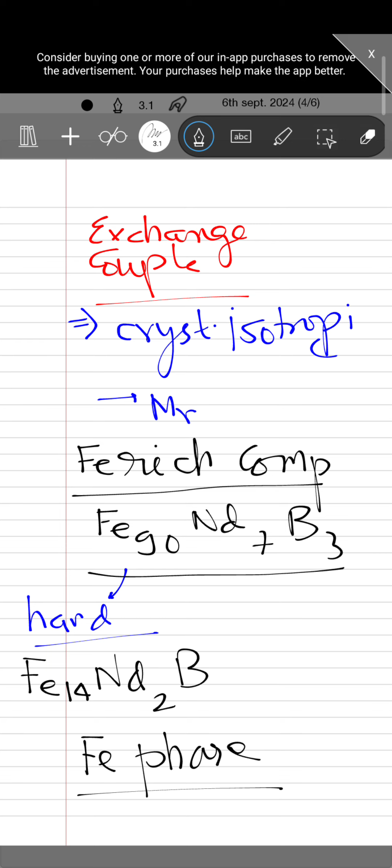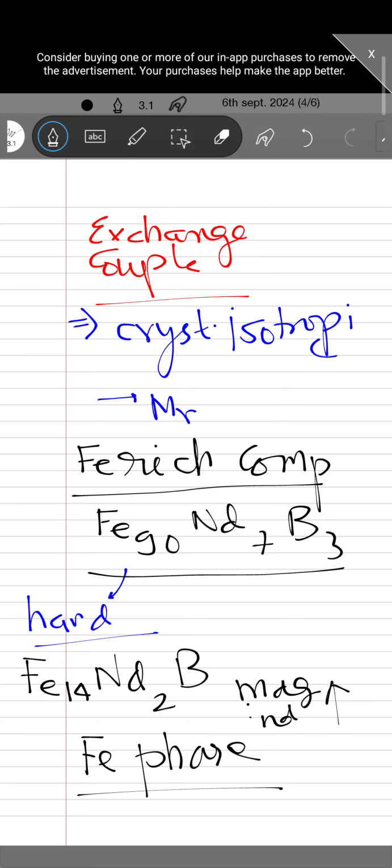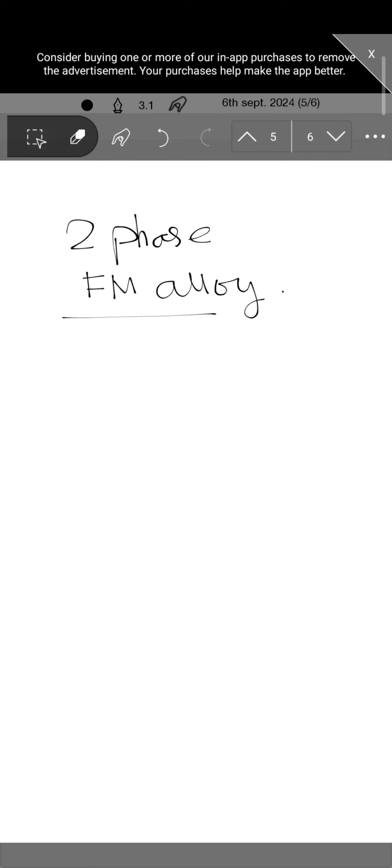Due to a combination of these materials, the magnetic induction has been found to increase. We'll call this a two-phase ferromagnetic alloy. When we say ferromagnetic, it means that there is an exchange coupling taking place with dipoles.